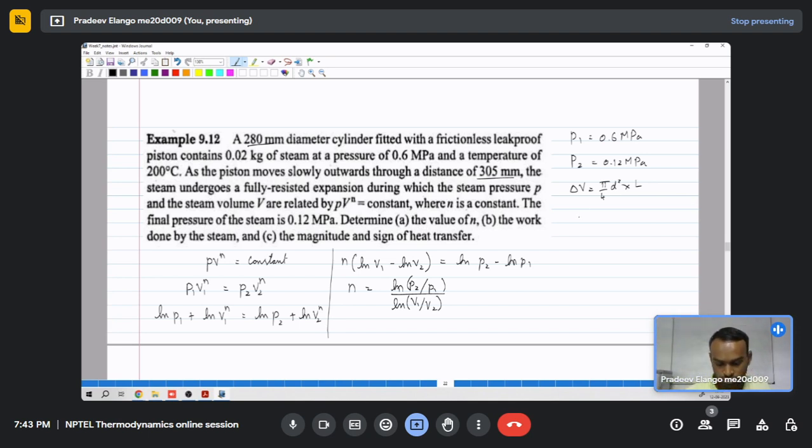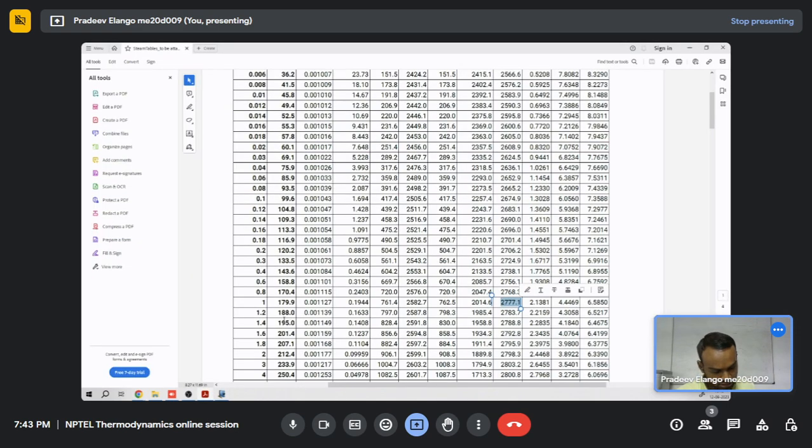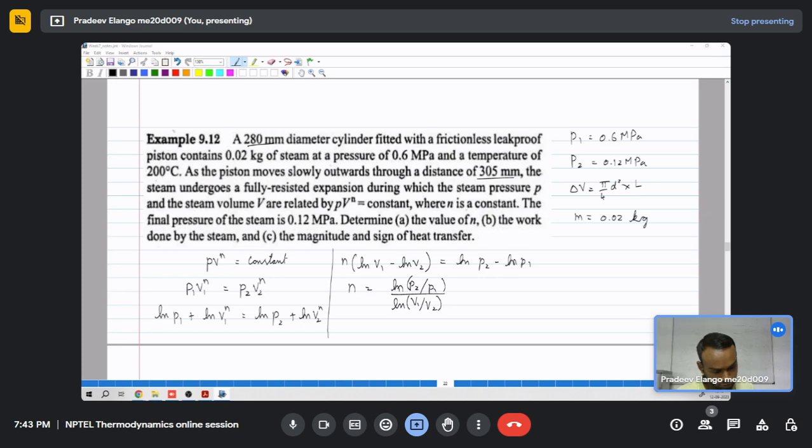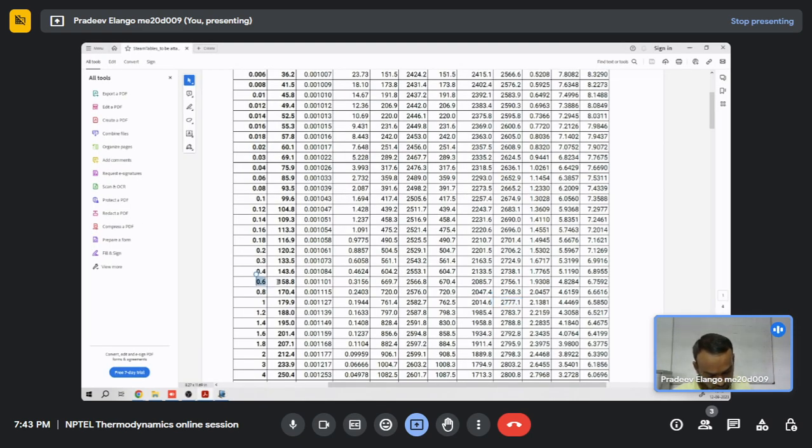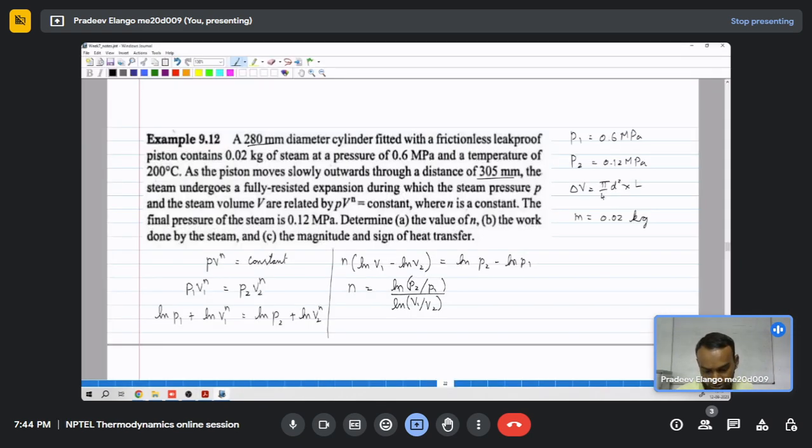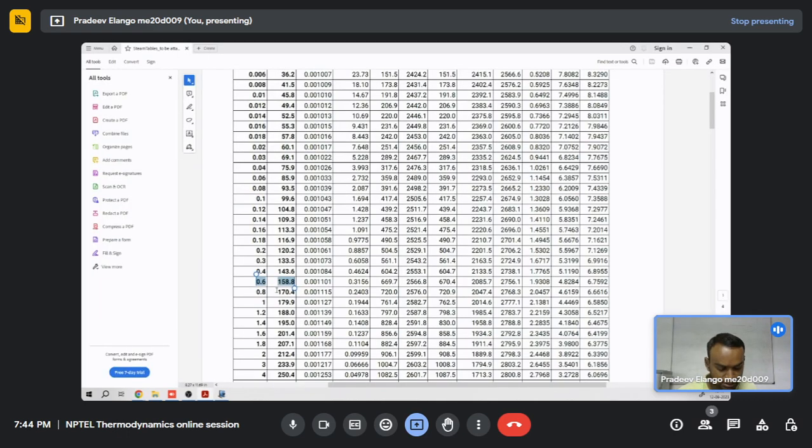Similarly, mass is given as 0.02 kilogram of steam. The initial state of 0.6 megapascal and 200 degrees Celsius is given. The saturation temperature from the steam table is 158.8 degrees Celsius.